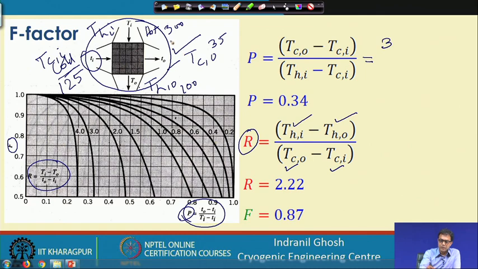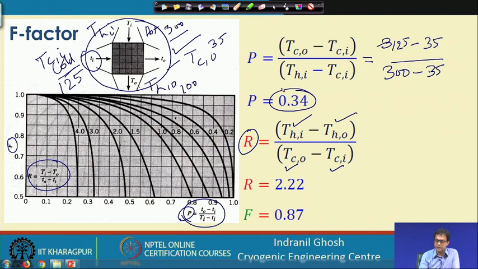So TCO is 125 minus TCI 35, divided by T hot inlet 300 minus TCI 35. Accordingly, P equals 0.34.